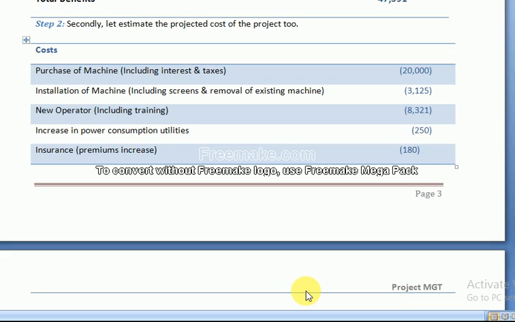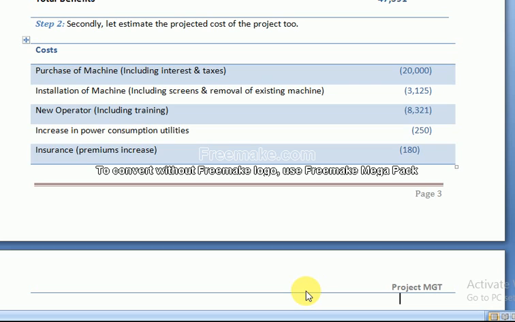Okay. Then we are new, we don't know how to handle that machinery. So automatically we need an operator. An operator will operate this new machinery. And similarly, a trainer is also required to train our company operators. So the operators and trainers, we will make payments to them: 8,321.